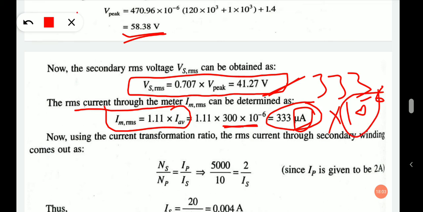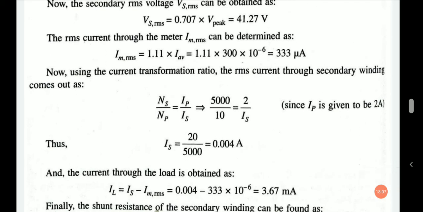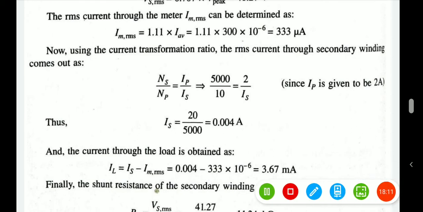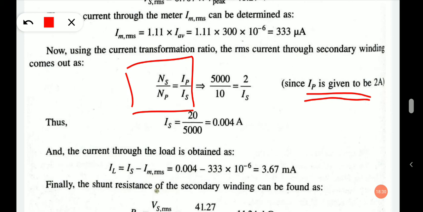Now using the current transformation ratio, the RMS current through the secondary winding we can calculate as Ns upon Np equals Ip upon Is. Ip is given as 2 ampere.